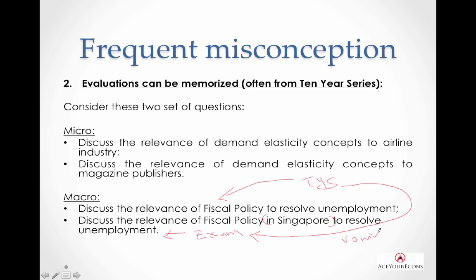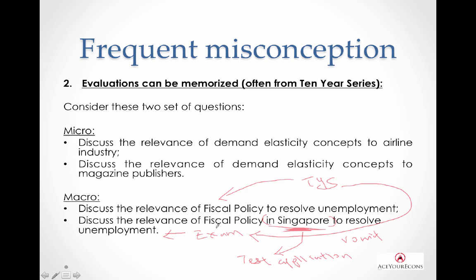Because when you memorize the entire essay and the evaluation style, you realize that these two keywords are very crucial. This actually tests you on application. You need to have understanding of Singapore before you can apply your concepts of unemployment. So if you try to vomit everything out, you will fail, because you will be answering out of point, with no context.